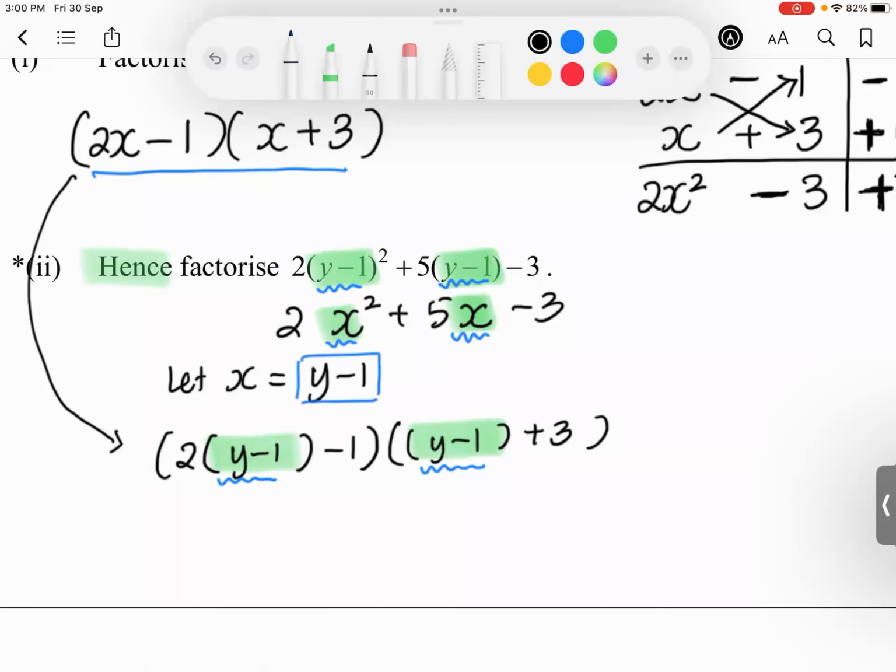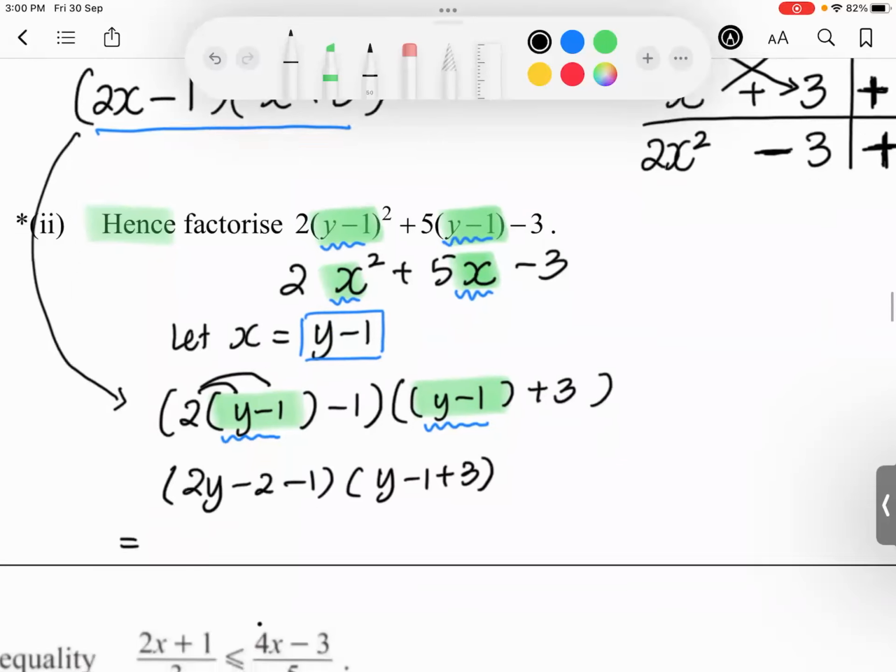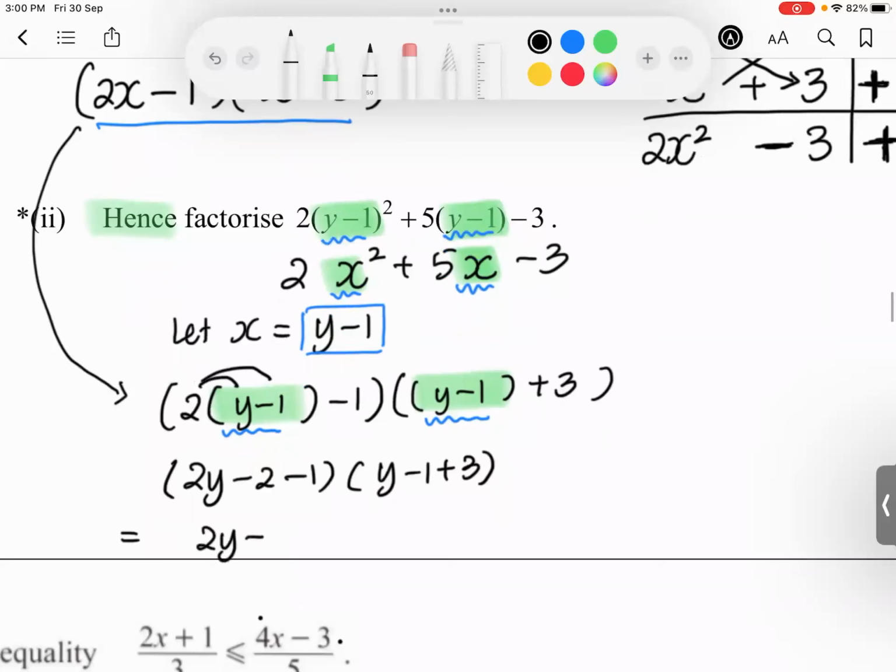But this is not the final answer. There are a lot of brackets, right? We need to expand and simplify. So this will be 2y minus 2 minus 1, then this one will be y minus 1 plus 3. Simplifying, we get 2y minus 3, and the other one will be y plus 2. The correct answer.